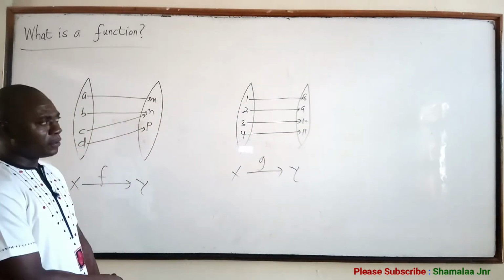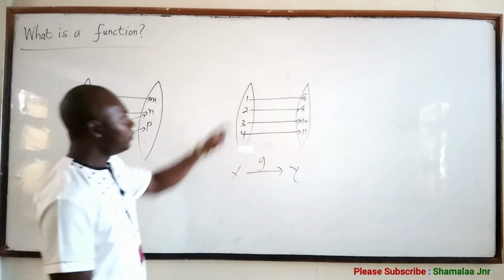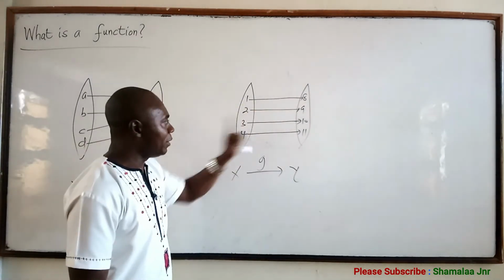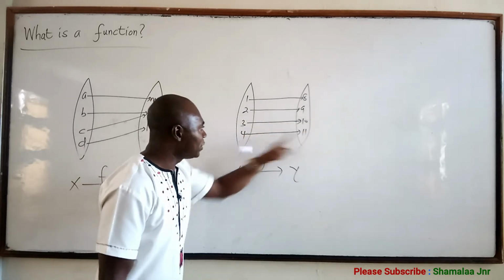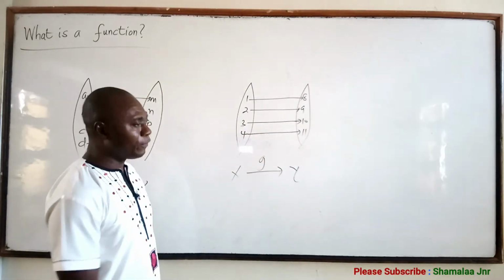Yes, viewers, this is also a function because this is related to only one member here. This is also related to this, 4 is related to 11. So this is also a function.